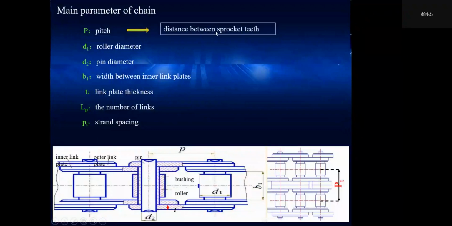The pitch, identifying the dimension of a roller chain, and the roller diameter D1, and pin diameter D2, and width between either link plates B1, the link plate thickness T, the number of links LP, and the strand spacing PT.